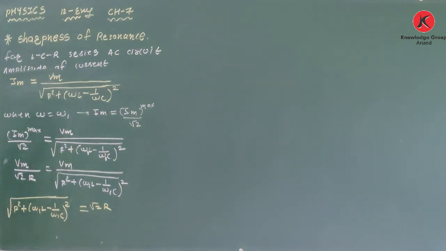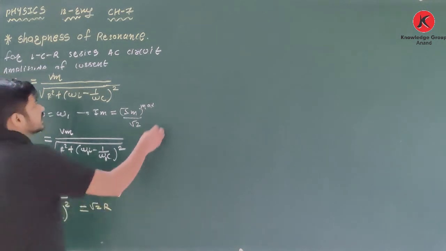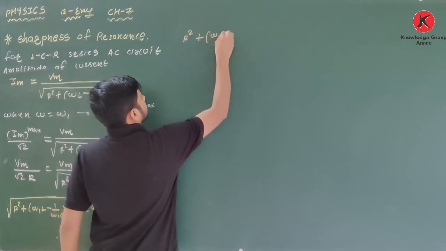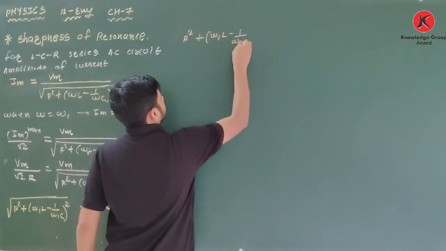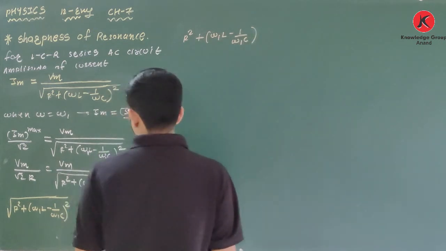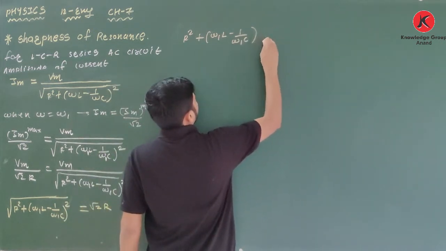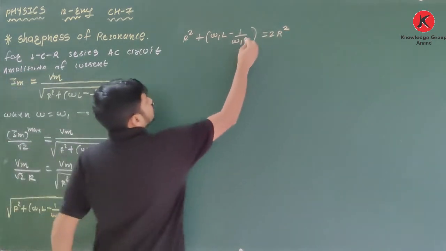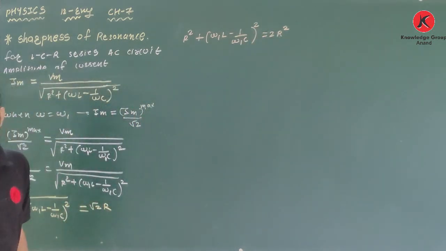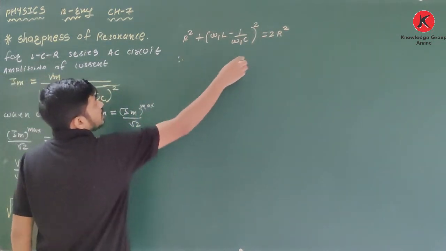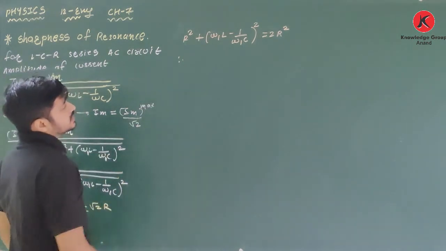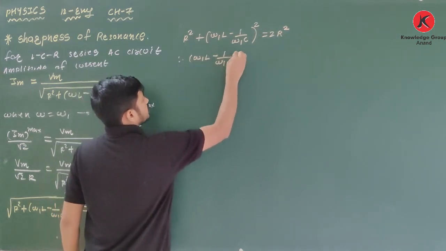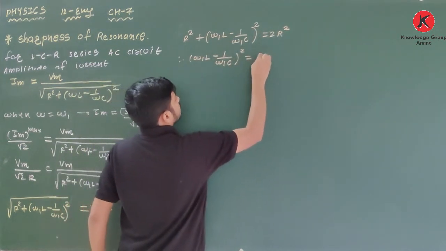So R square plus omega 1L minus 1 upon omega 1C whole square is equal to 2 R square. Any doubt? Therefore, taking R square to the opposite side, omega 1L minus 1 upon omega 1C whole square is equal to R square.